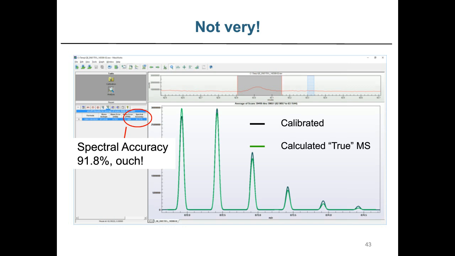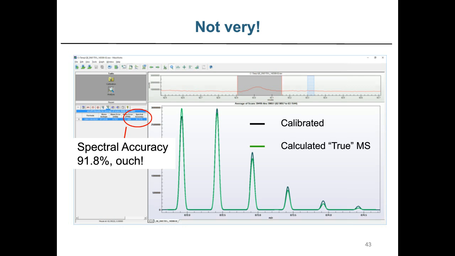What we're really interested in getting at is the spectral accuracy. Because if you think about it, if the spectral accuracy doesn't match, that potentially means that we don't have a pure compound. So it's a really good diagnostic tool to understand whether we're actually looking at a pure component or a mixture, or we're looking at non-linearity in the actual instrument measurement. In any case, it can be used as a real good indicator.